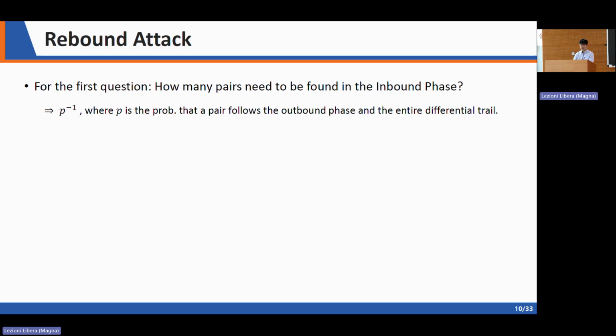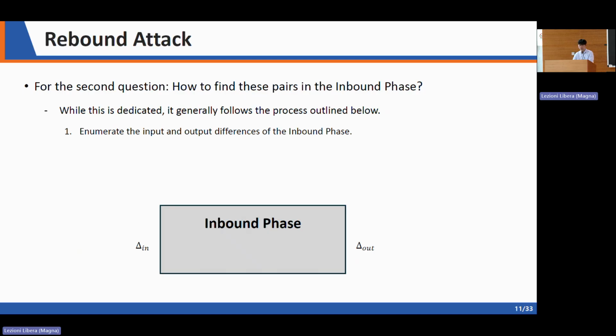For the first question, the answer is P inverse, where P is the probability that a pair follows the outbound phase and the entire differential trail. For the second question, while this is dedicated to the target, it generally follows the process outlined below.